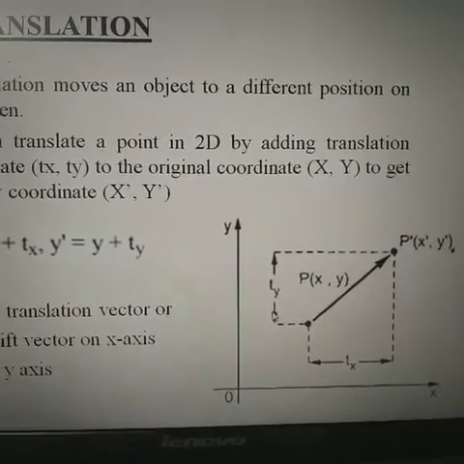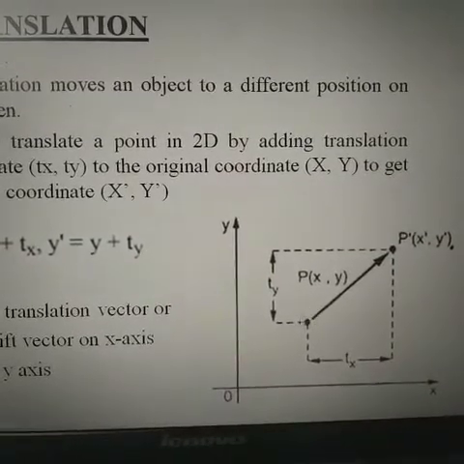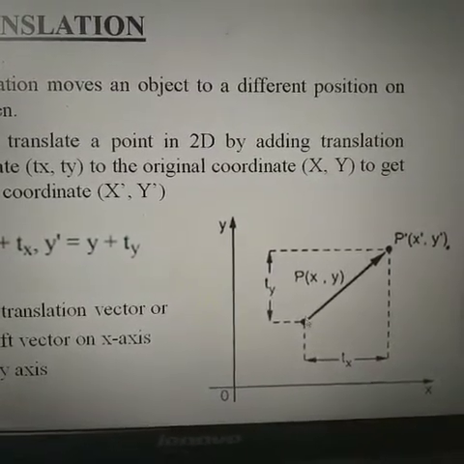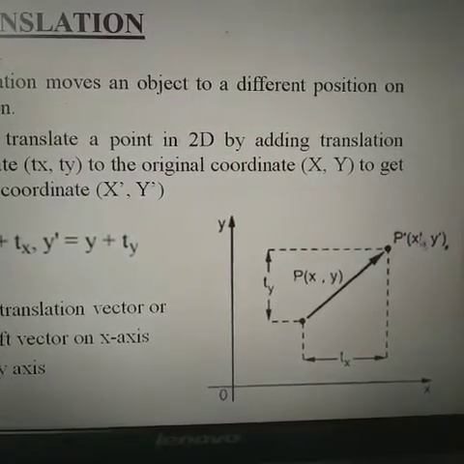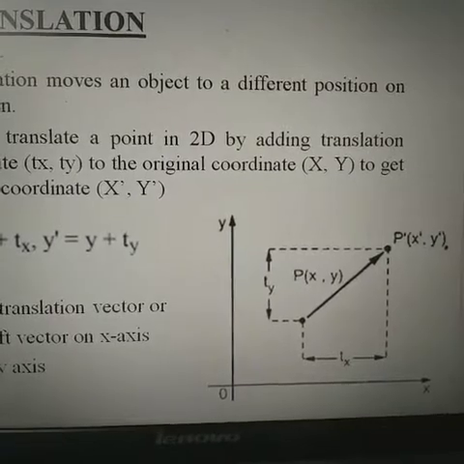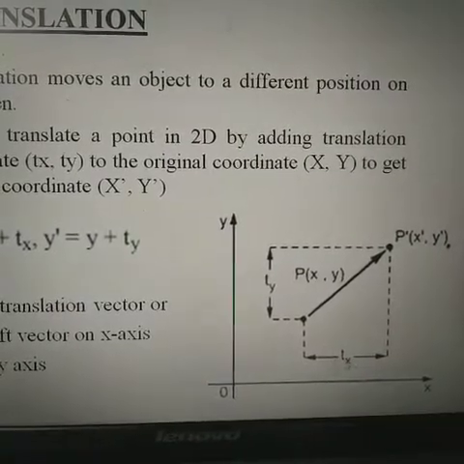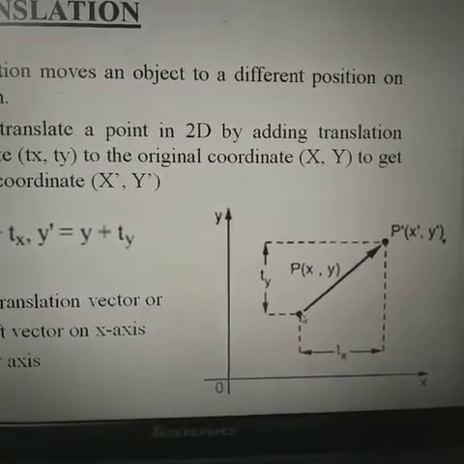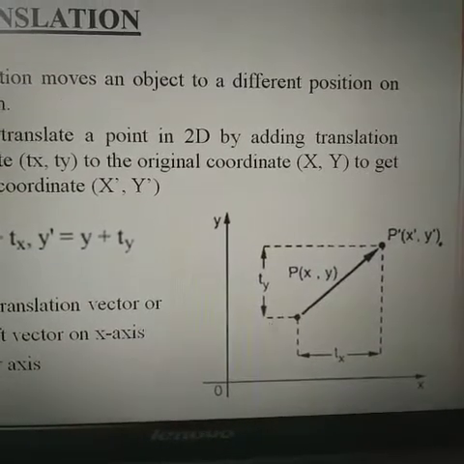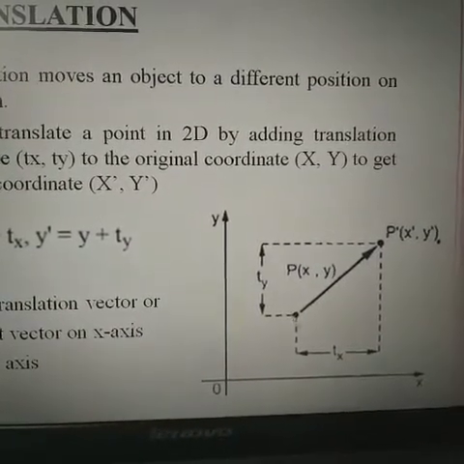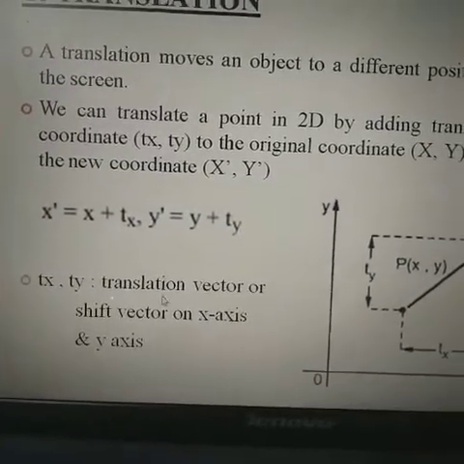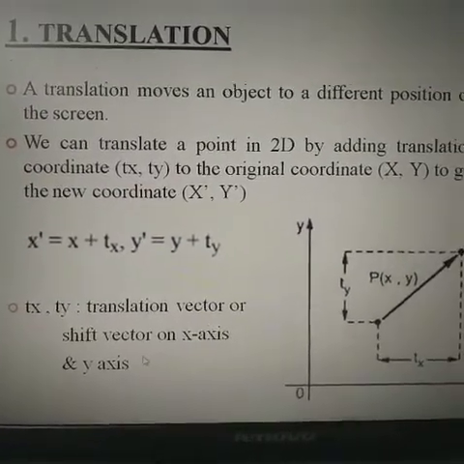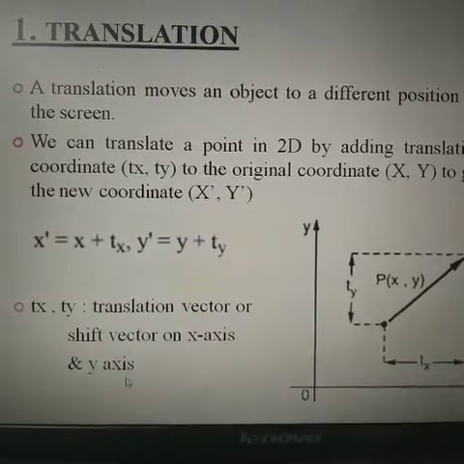For example, there is a point P(x, y), and we have to place that point at this position (x', y'). So there is the translation function: how much to move along the x-axis and how much along the y-axis, that is represented by tx and ty. So tx and ty are the translation vector or the shift vector on the x-axis and the y-axis.